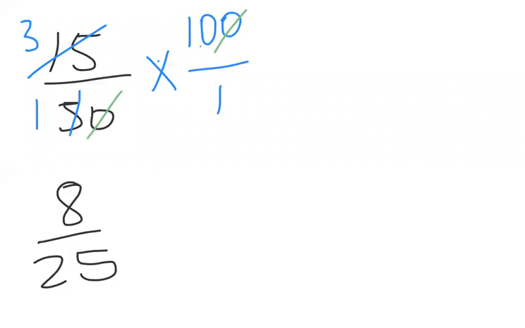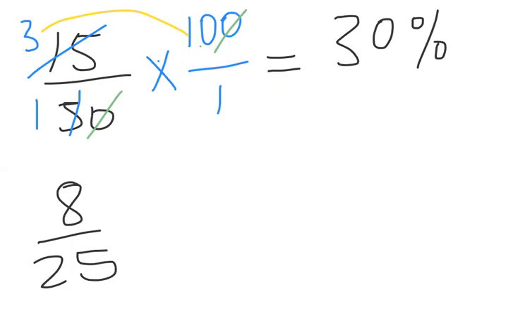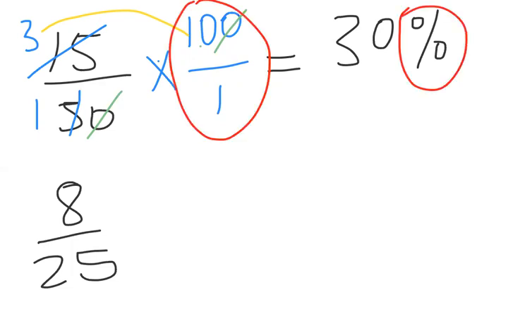And now we just have the 3 and 10 on top. That gives me 30, and a 1 and 1 at the bottom. So that's fine. So that answer is 30%. Remember, we are converting to a percent. That's why we multiply this by 100, and we can put that percent in there. So the first one is 30%.